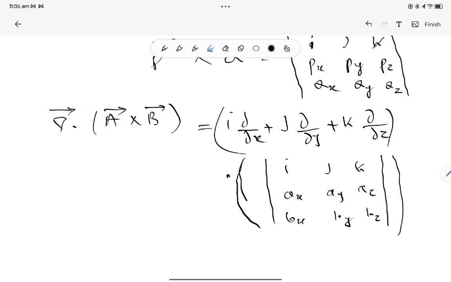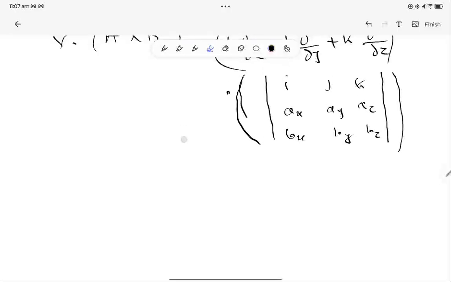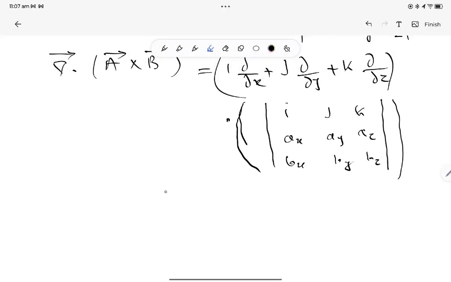So we will now first expand this. Keep that as it is. When we do that, we have i del by del x plus j del by del y plus k del by del z, dot.